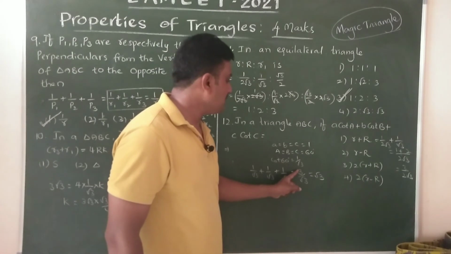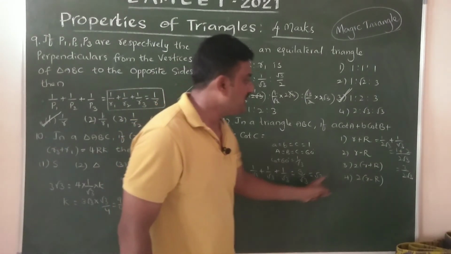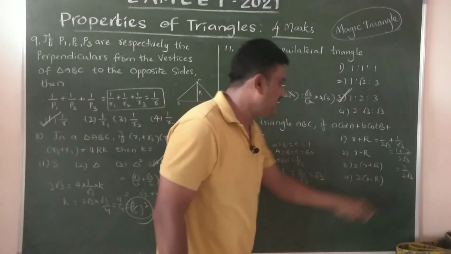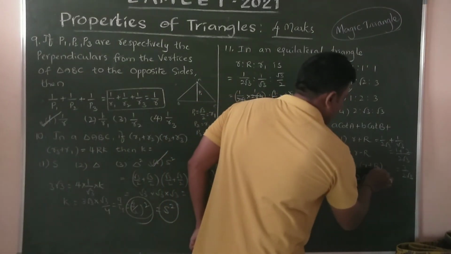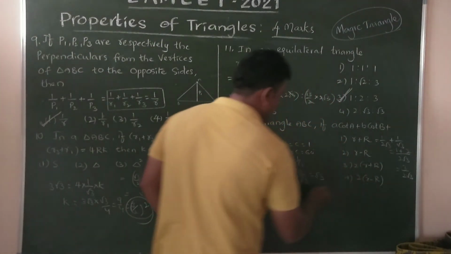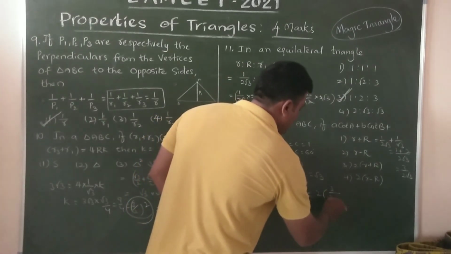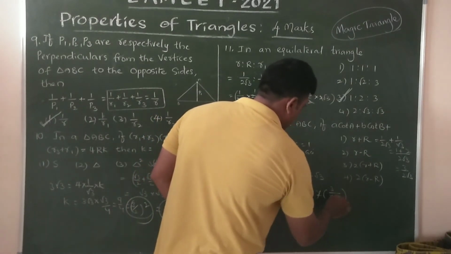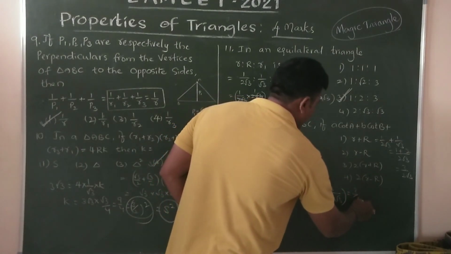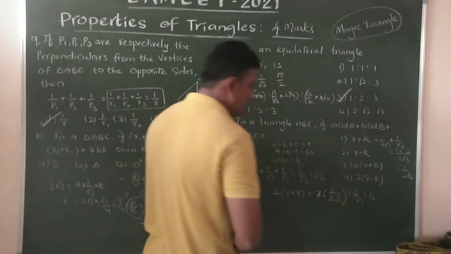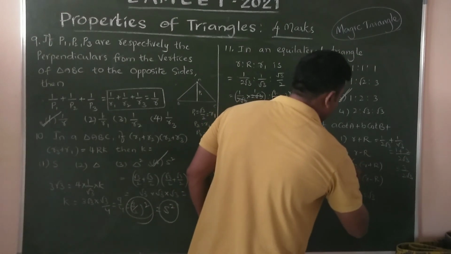But here we have 3 by root 3. How to get that? By multiplying by 2, yes or no? So the option is definitely 2 into (r plus R), because 2 into 3 by 2 root 3, the 2 gets cancelled. The remaining is 3 by root 3, which is root 3. So the option is the third one.